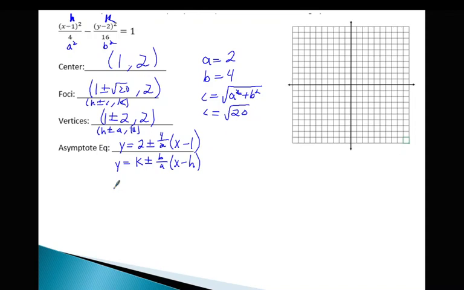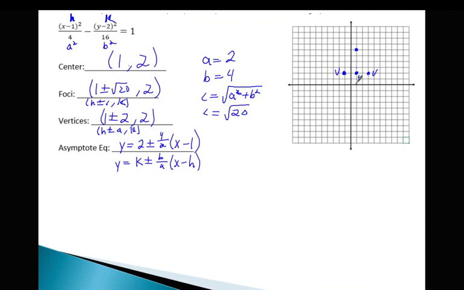Okay, so let's graph this thing. So our center is at 1, 2. Here's our center. Our vertices, 1, 2 this way, 1, 2 that way. That's my vertices. Now I'm going to graph my co-vertices, the points, using B. So if my vertices are left and right A, my co-vertices are up and down B. So 1, 2, 3, 4.